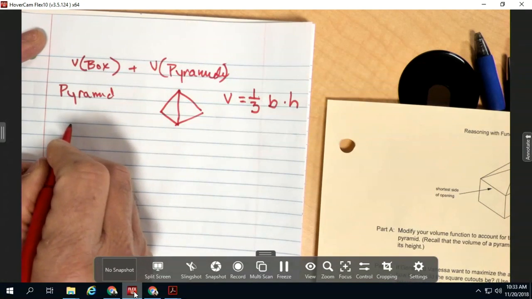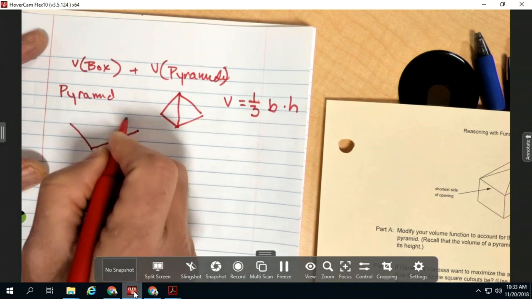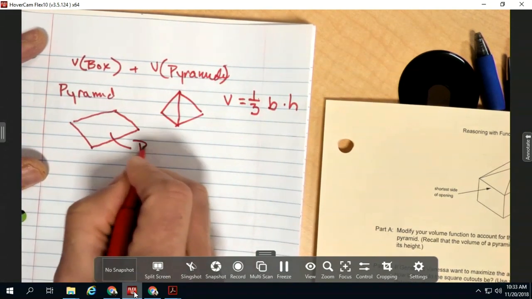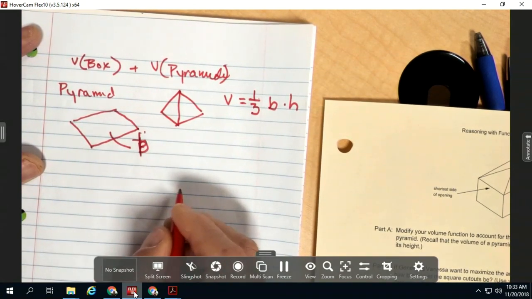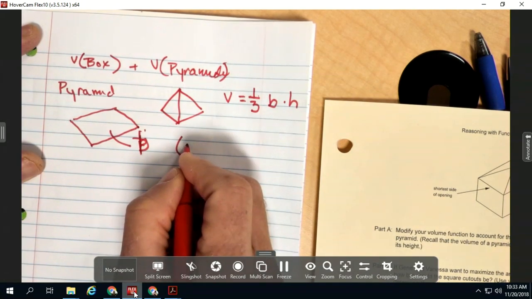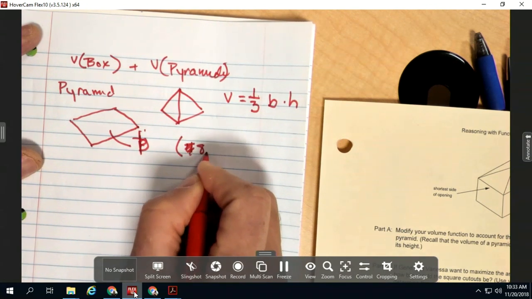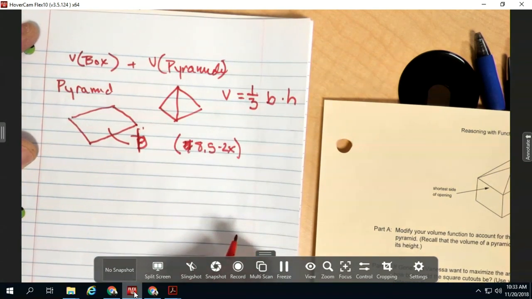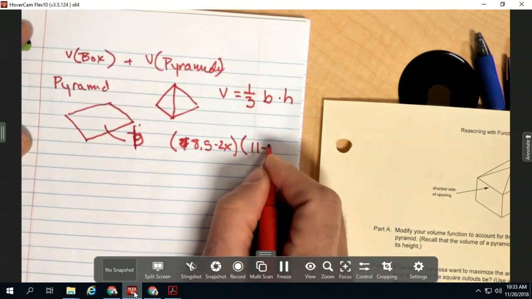So in our case, we've got a popcorn box. And we're going to call this area the base. What will the area of that base be? Well, it's going to be, let's do the 8.5 first, 8.5 minus 2x times 11 minus 2x.